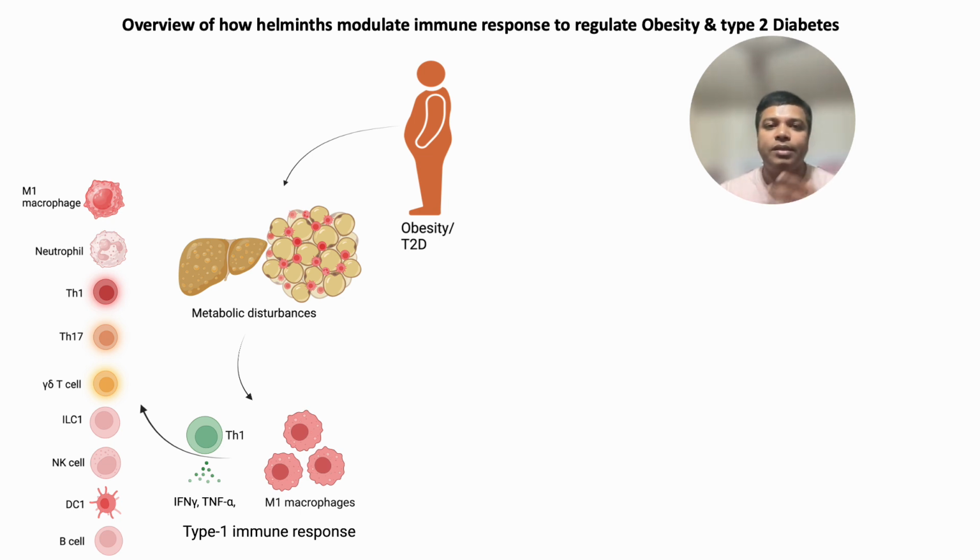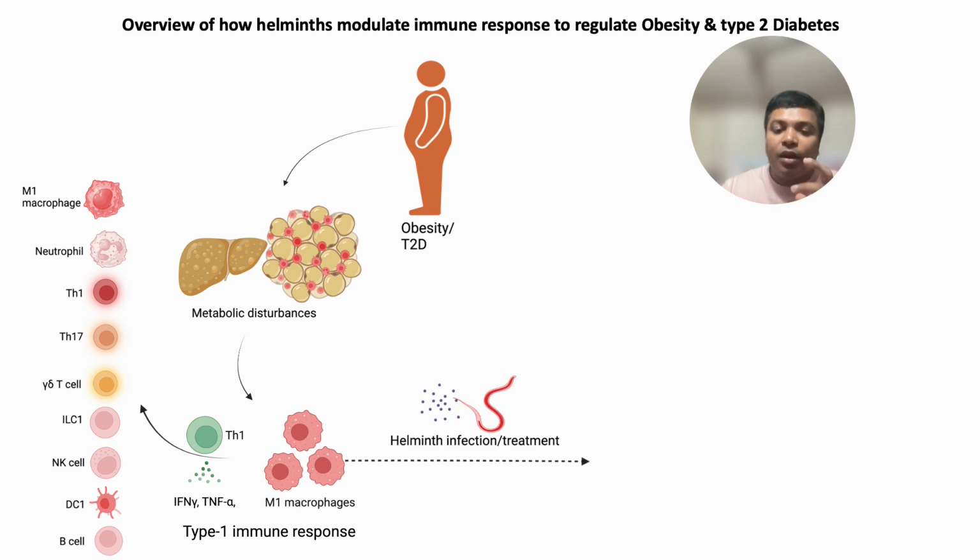All these immune cells infiltrate into the tissues, causing chronic inflammation and metabolic disturbances. But helminths, what do they do here? Are you with me now? If you have any questions, you can ask me, or otherwise I will finish and then leave you some time to ask.